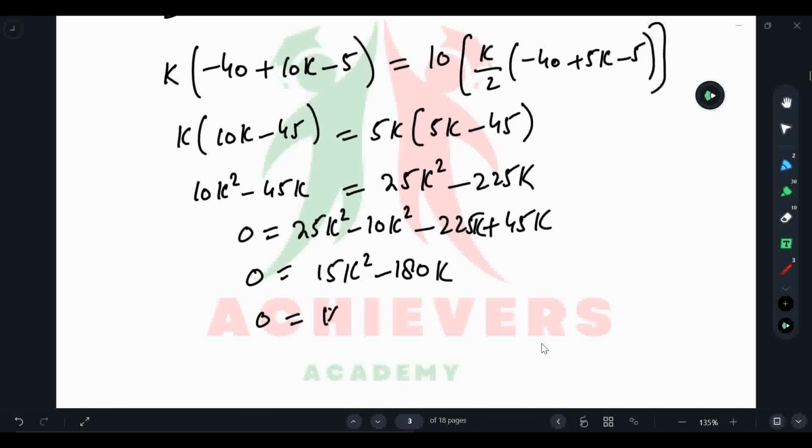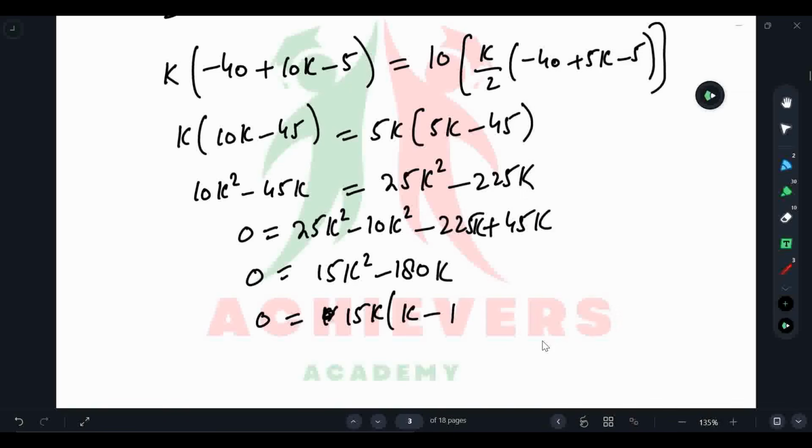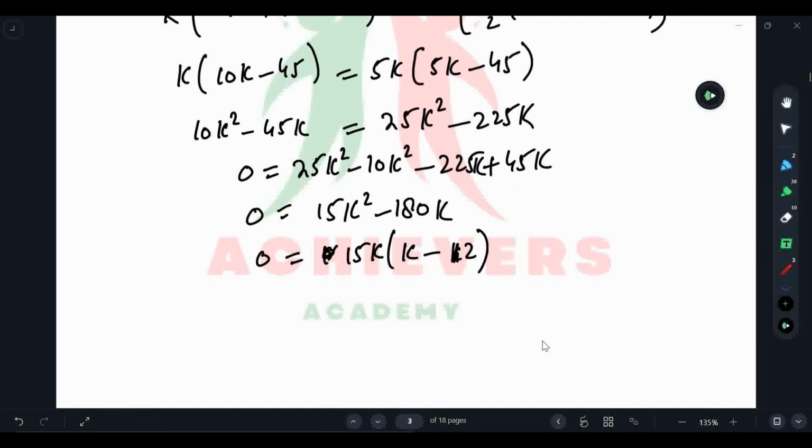So if we take 15k as common, this will be k minus, let me check, 180 divided by 15, so it will be 12, k minus 12. So from here we will have two answers. The first one will be 15k is equal to 0 and the other one will be k minus 12 is equal to 0, which means k will be equal to 0 and k will be equal to 12.